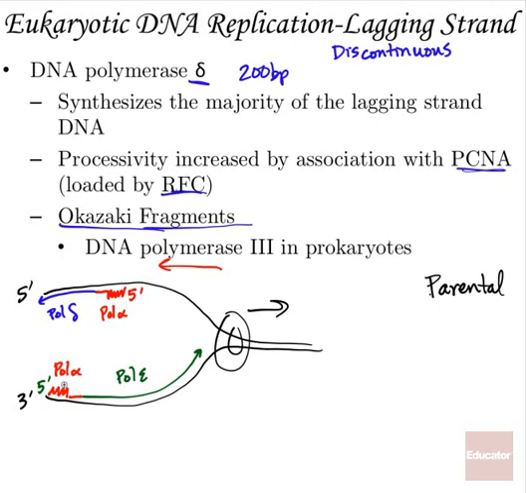Whereas that can't happen with the lagging strand. And the reason why has everything to do with the polarity of the polymerases as well as the polarity of the helicase. So as the helicase keeps going to the right, we will free up more and more single-stranded DNA. So look, we've freed up enough single-stranded DNA, we can throw down another primer. We have pol alpha throwing down a primer, a little bit of that DNA.